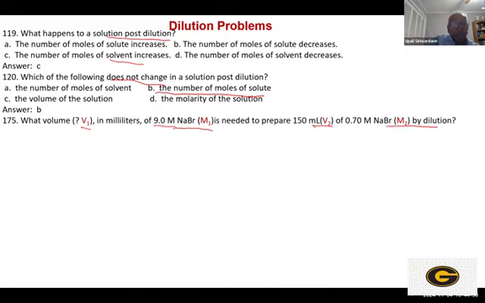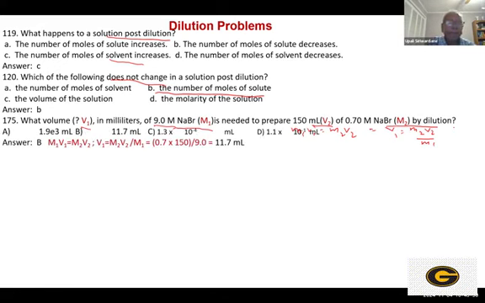So to calculate V1, you have to rearrange M1 V1 equals M2 V2. So you do the calculation. This is the same equation I got over here. Then plug in the unknowns. You get 11.7. Answer is B.